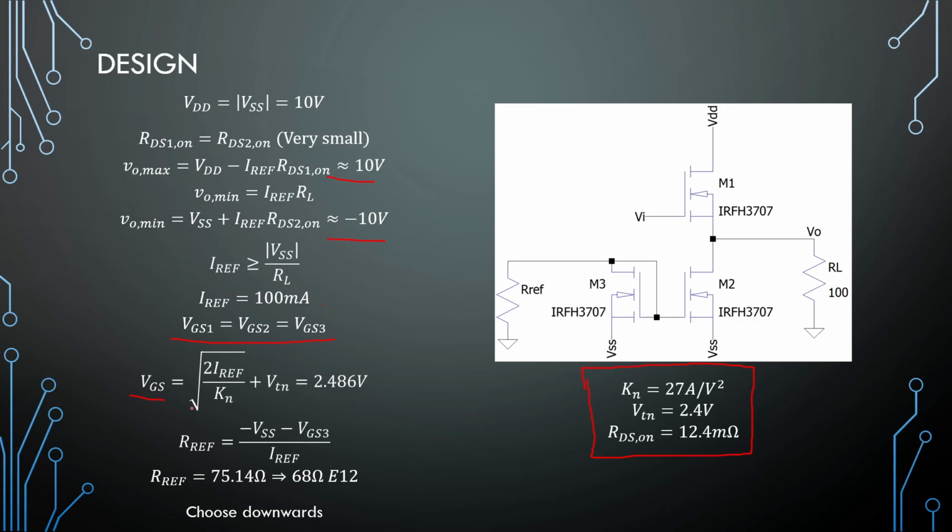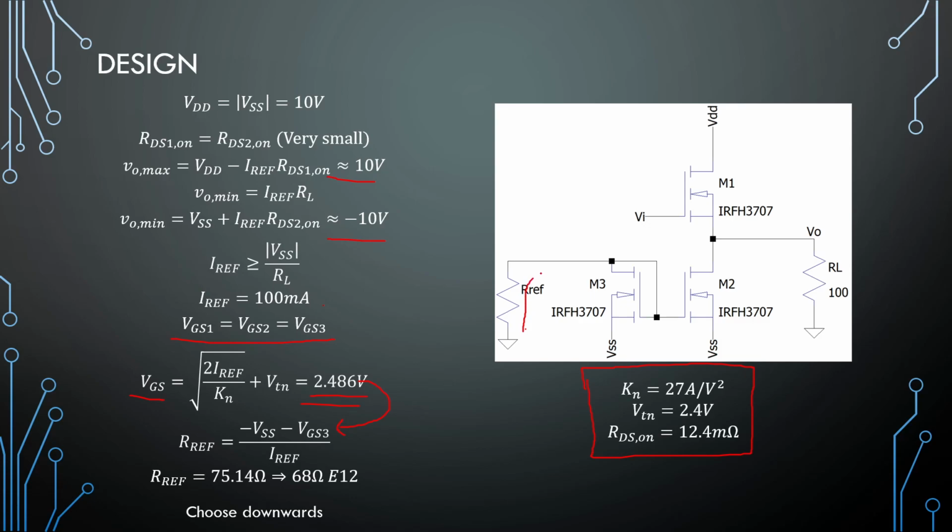Calculating the VGS voltage required, 2.486 volts. This is the offset that we have, but this is also the value we need to use to calculate our reference resistor.